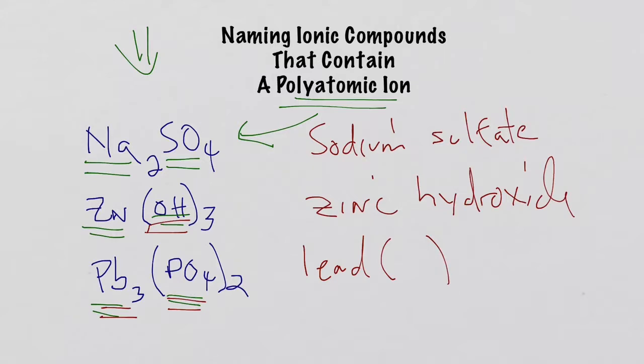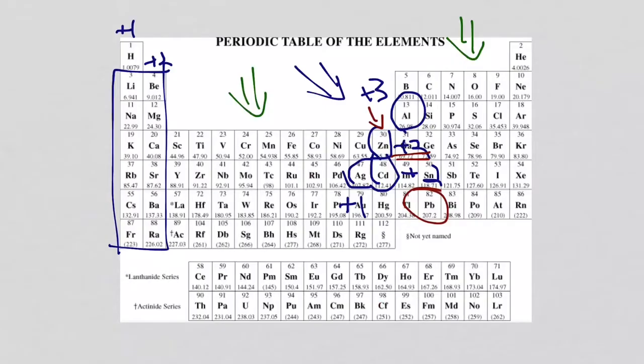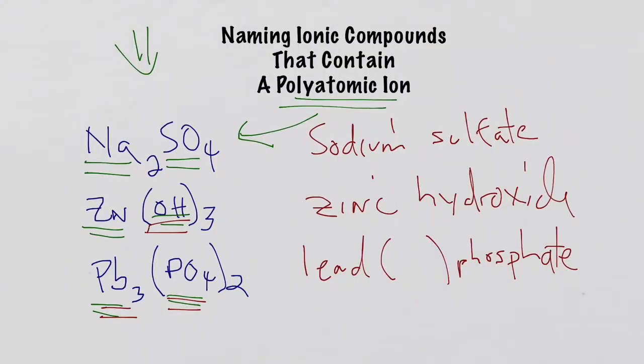Well, let's figure it out based on the phosphate. So PO4 is phosphate. I would put in the entire name. And phosphate, you have to memorize, again, not just the formula, but the charge is 3 minus. In other words, that cluster wants to grab 3 electrons per cluster.